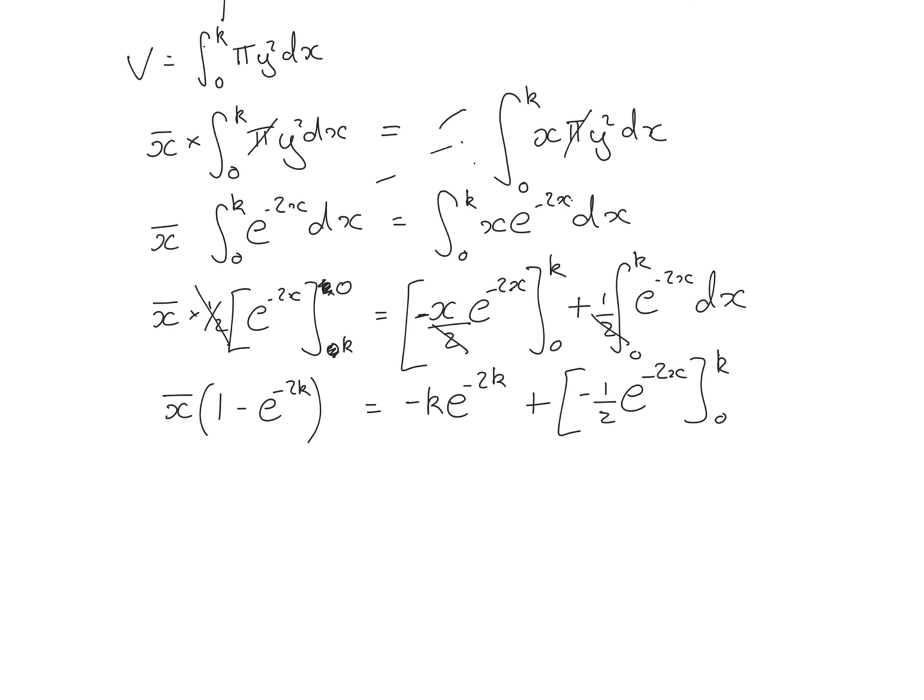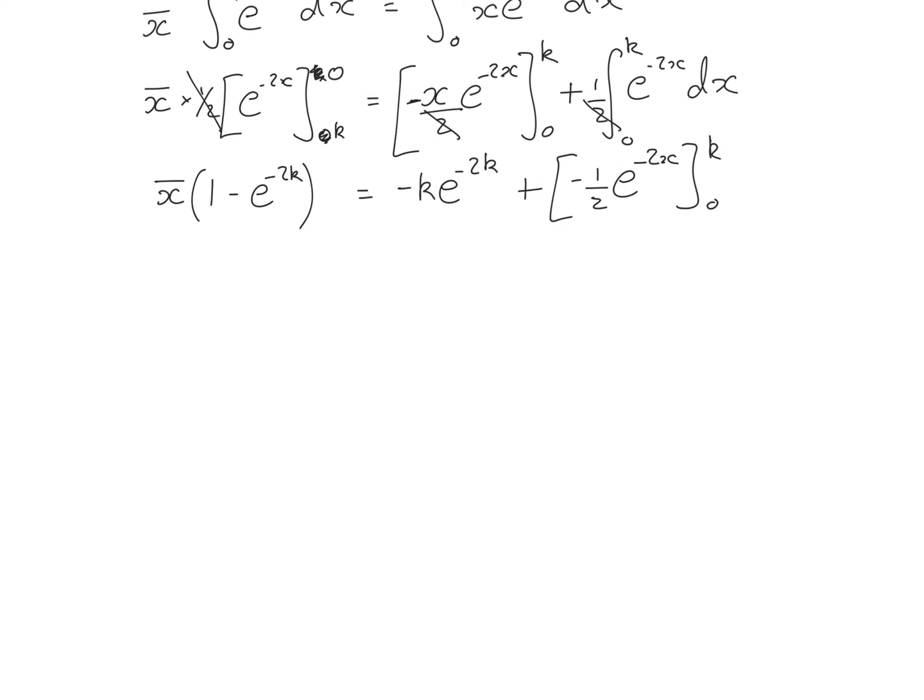Alright, let's give ourselves some more space. So, x bar, 1 minus e to the minus 2k, it's kind of looking hopeful, minus k e to the minus 2k, put k in first, minus a half e to the minus 2k, minus minus, so plus a half.